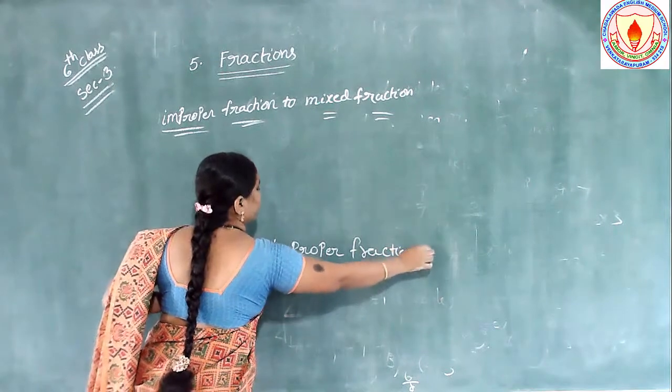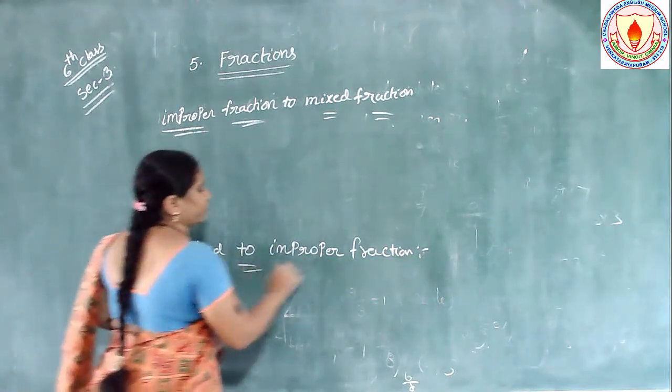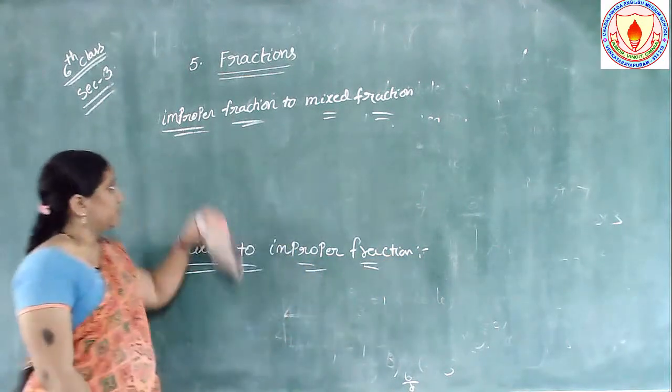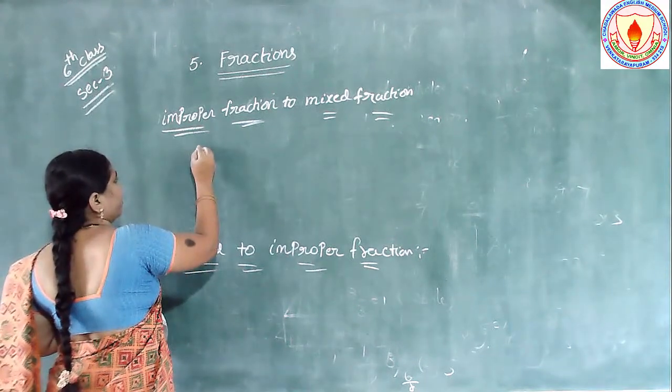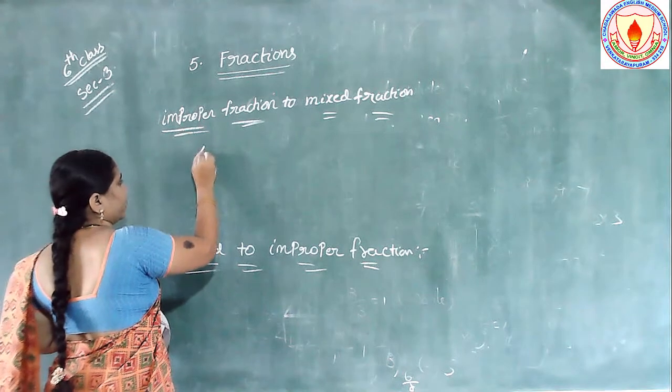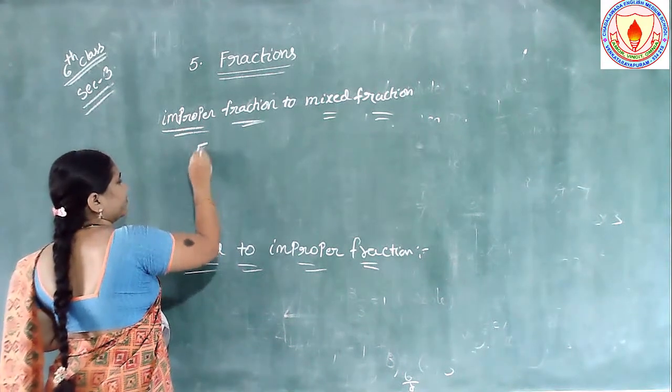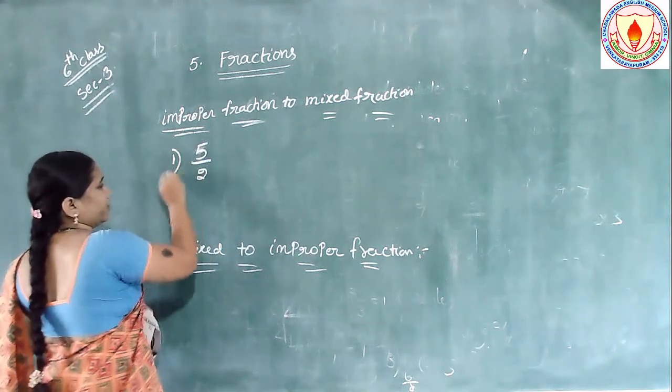These are the two conditions you have to learn, how to convert the two fractions. Improper fractions means, give me some example here. Improper means numerator ekku undali kadamma. 5 by 2. They given 5 by 2.